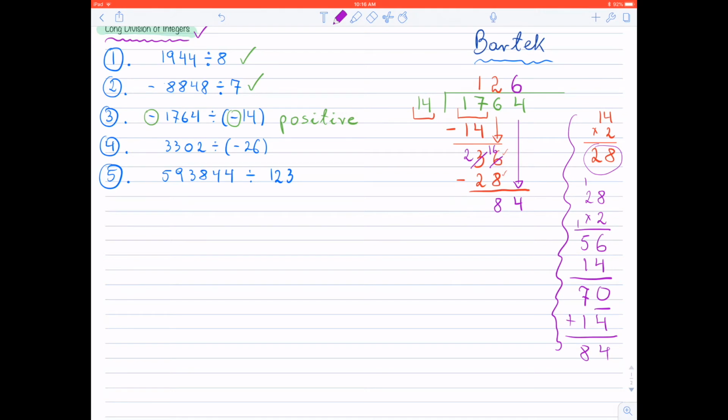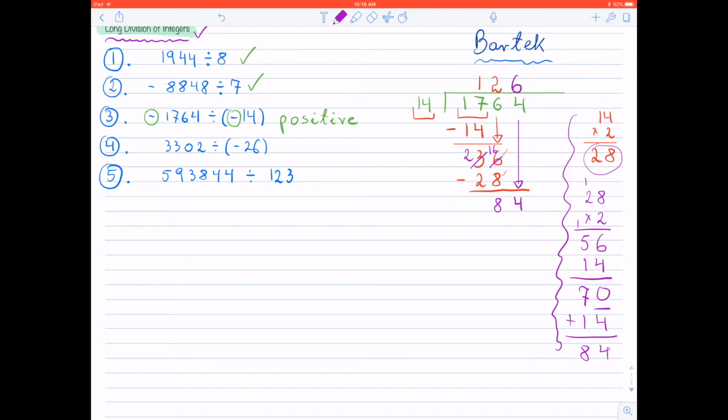So don't feel bad if you're doing that. It just comes with experience. If you can see it right off, fantastic. But if you can't, you will see yourself spending a bit of time trying to see how many times it goes in. And you are literally guessing. Your guesses just get better with more experience.